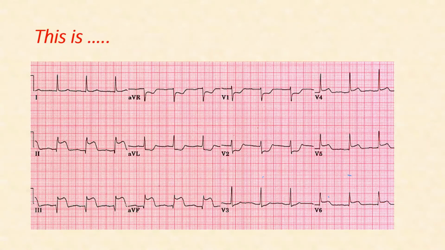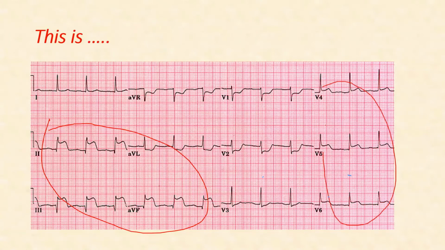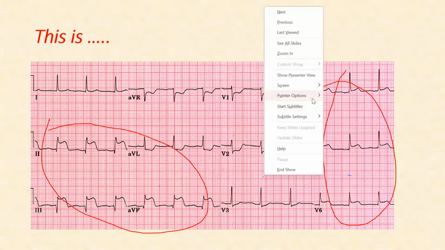ST elevation. Okay. 2, 3, aVF. Very good. V5 and V6. Okay. And here also, V4, V5, and V6. Okay. And also, what do we have here? ST depression in V1 and V2.